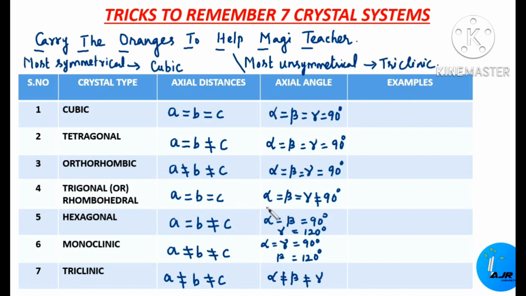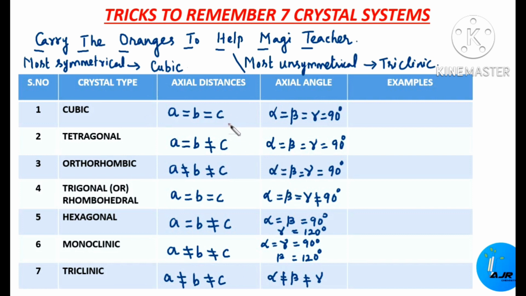And in trigonal alone it is different: alpha is equal to beta is equal to gamma, which is not equal to 90 degrees. But in hexagonal, alpha is equal to beta is equal to 90 degrees, whereas gamma is equal to 120 degrees. But in monoclinic, alpha is equal to gamma is equal to 90 degrees, but beta is equal to 120 degrees. Understood, students? But some logic you should follow so that it is easy to mug up.